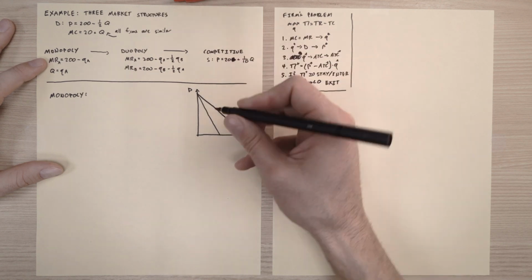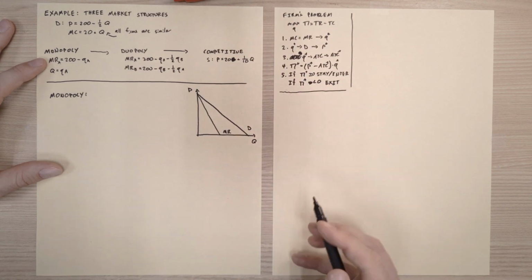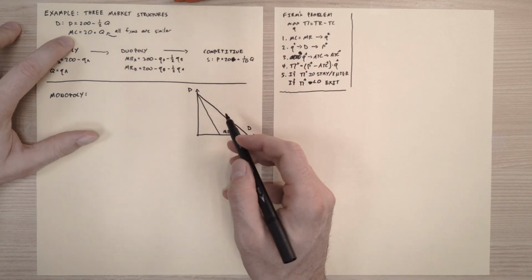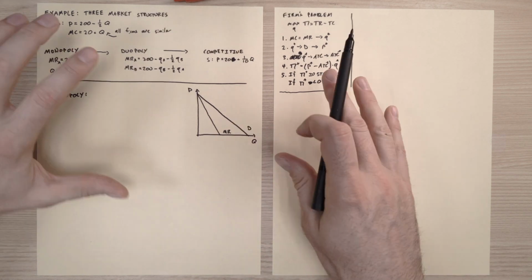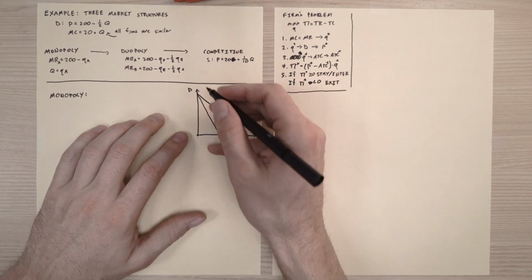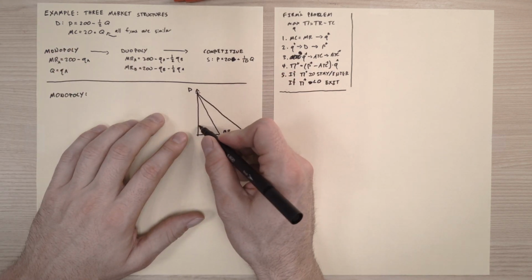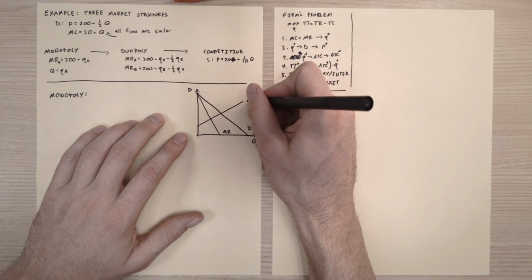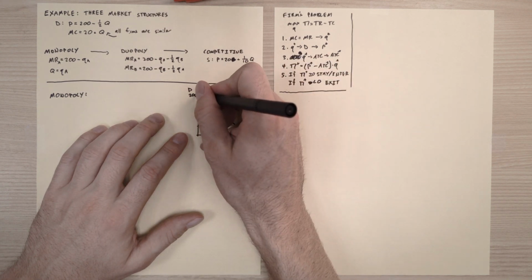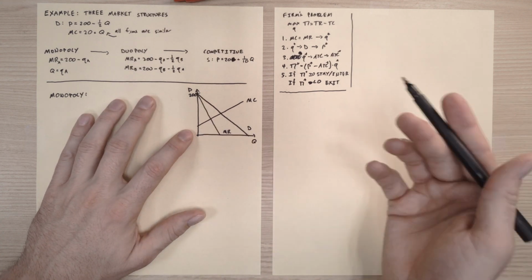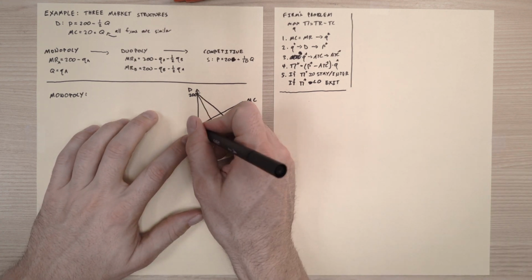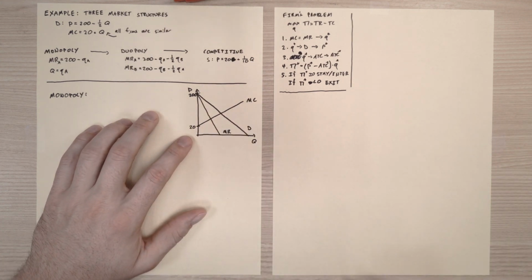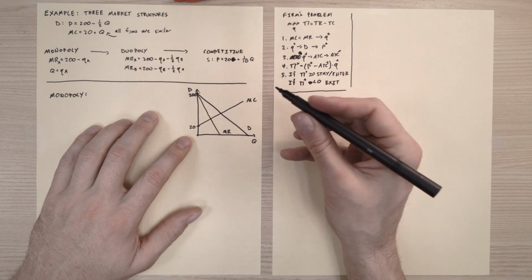So it looks like this. This is MR. And then we have our marginal cost curve for every firm, including the monopolist. So we know what the monopolist faces for their marginal cost, which looks something like this. We have 200 as the vertical intercept for both the marginal revenue and the demand curve, and then 20 is the vertical intercept for the marginal cost curve.